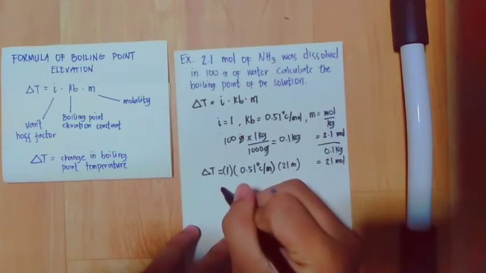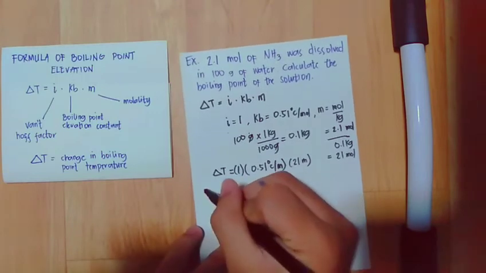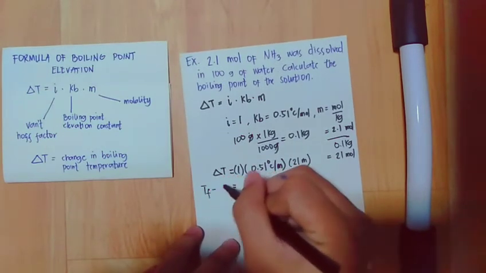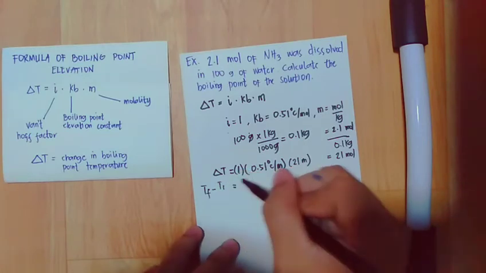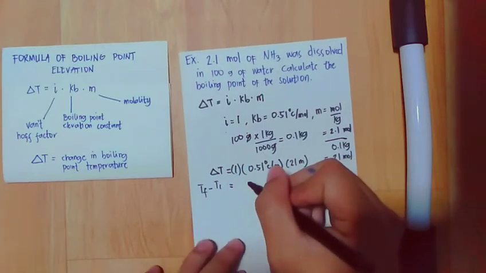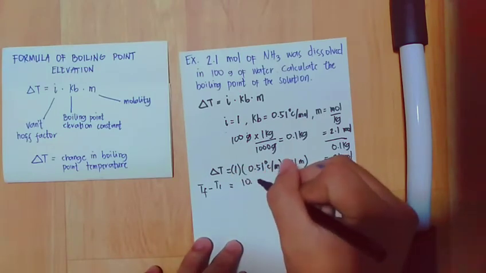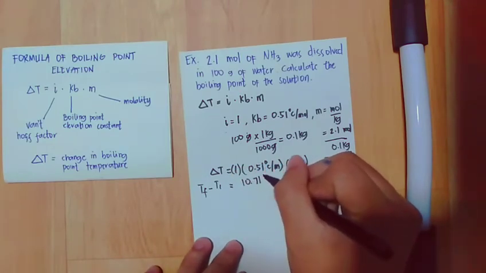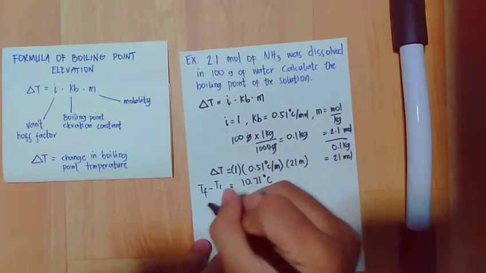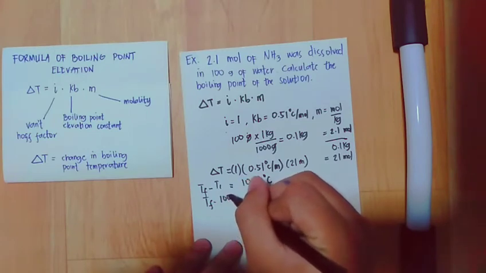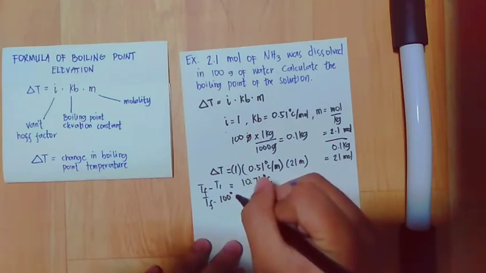Delta T is final temperature minus initial temperature, so that is 10.71 degrees Celsius, which equals the final temperature minus 100 degrees Celsius.